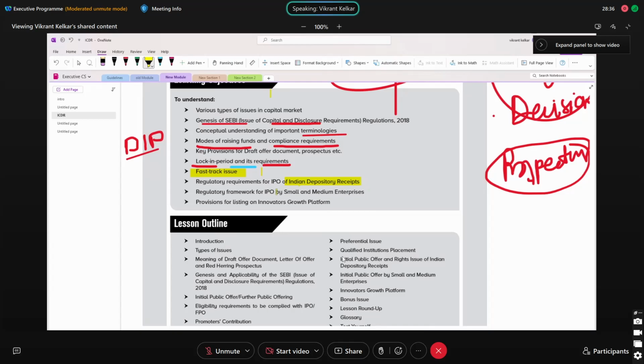Then the regulatory framework for IPO by small and medium enterprises. Mr. Murthy, tell me why such a provision exists. Okay, it is easy to understand. Again, simplification. Now it is a policy of the government to promote the small and medium sector in the economy. So small and medium enterprises are normally not allowed to have an IPO again because of the stringent eligibility requirements. Can every company bring out an IPO? No, there are certain regulations and eligibility criteria.